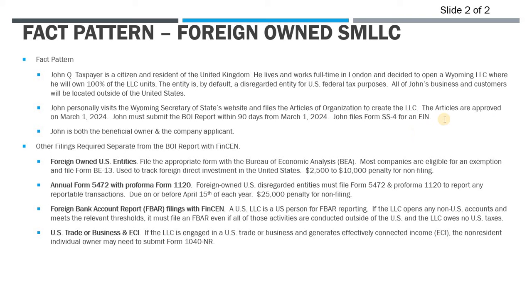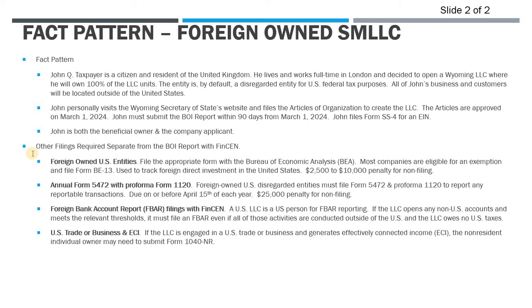You want to make sure you've got that done before you go ahead and file the BOI. Now, John is both the beneficial owner and the company applicant in this fact pattern. So he owns 100% of the company. He is the managing member, so he directs all decisions that are made within the entity. And he's the applicant because he was the one that personally submitted these documents.